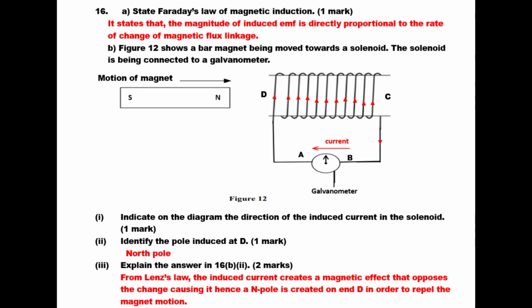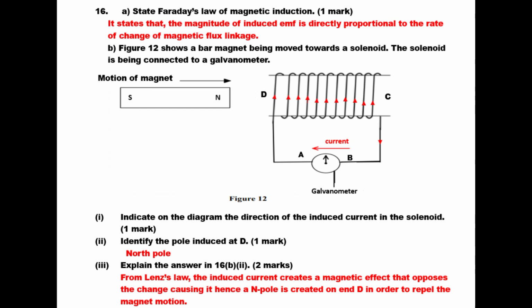Based on the clock rule, a north pole has anti-clockwise current. That means it will be up on the front and down behind. So it is anti-clockwise current. For all the coils, on the front side it is rising, behind it is falling.